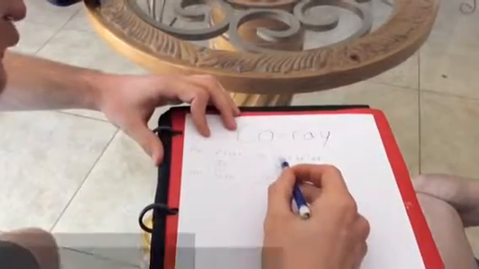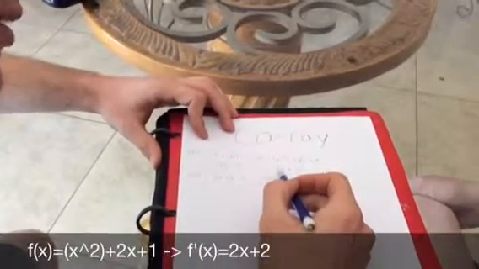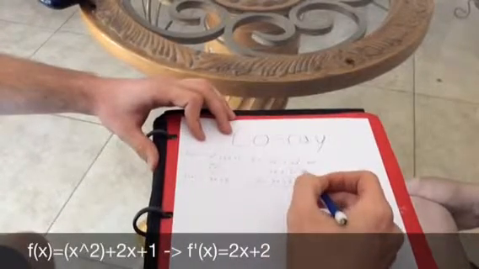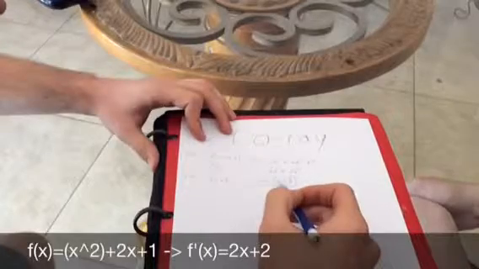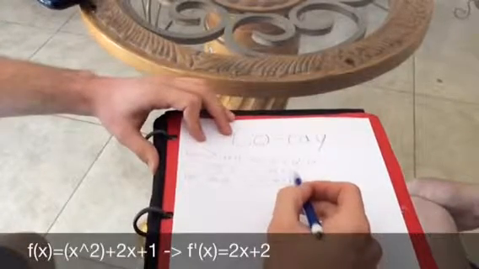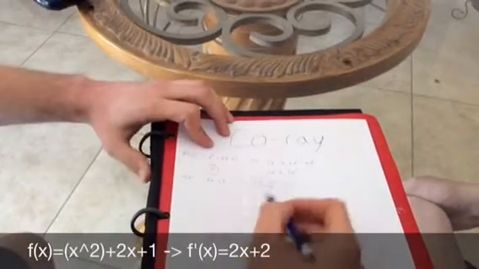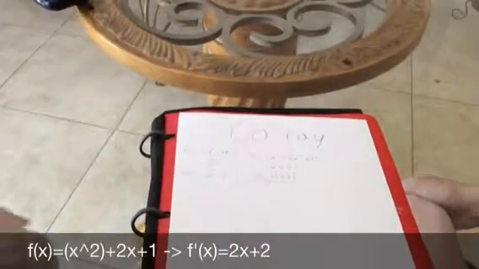So 2x to the 2 minus 1 is 2x to the 1, plus 2x to the 1 minus 1, which is 0. So 2x to the 1 is just 2x, and then 2x to the 0 is 2 times 1, which is just 2. So f prime of x is 2x plus 2.